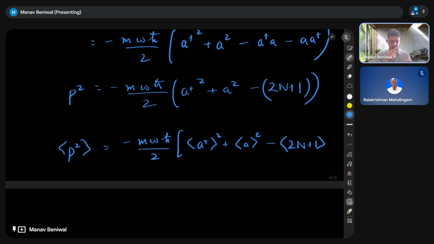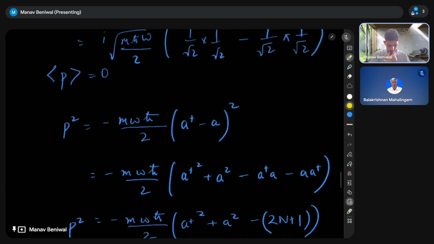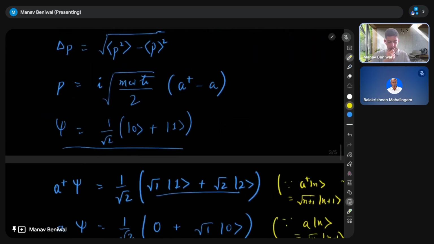Now these two terms, as we have seen, the a dagger squared expectation value will be 0, and similarly the a squared expectation value will be 0. Because why? Because this will raise our psi 2 times, so the 0th state will become 2 and this state will become 3. So a dagger squared will give us states 2 and 3.